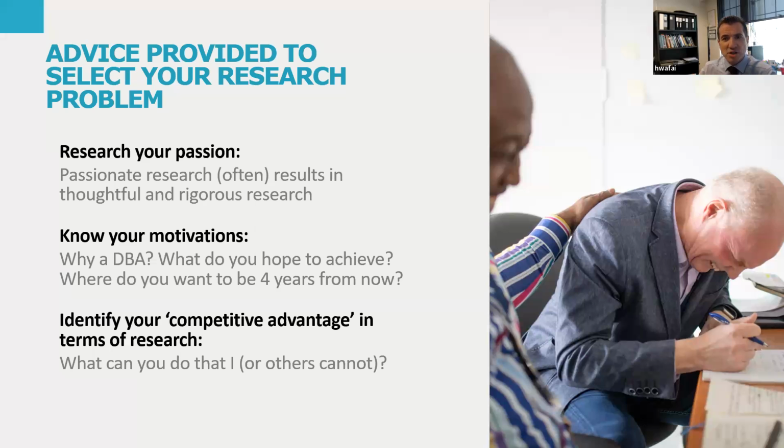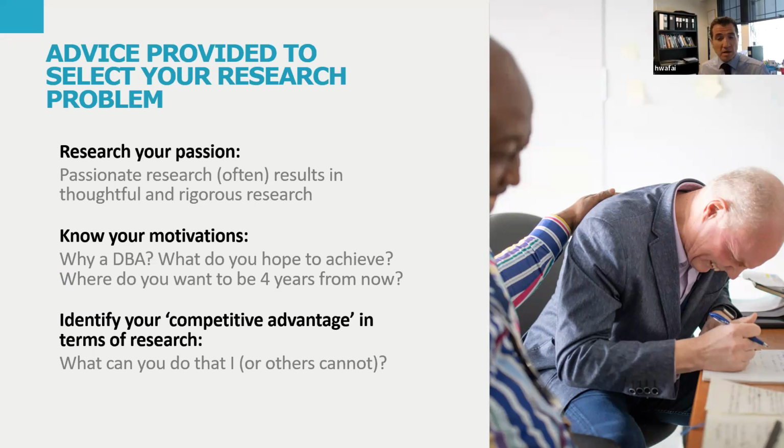For example, Tasha is doing research about indigenous entrepreneurs. She is an indigenous researcher, and she's doing research in the area of indigenous entrepreneurs. She has a competitive advantage over any other researcher, right? She is doing research in her community, in an area that she is very experienced in.